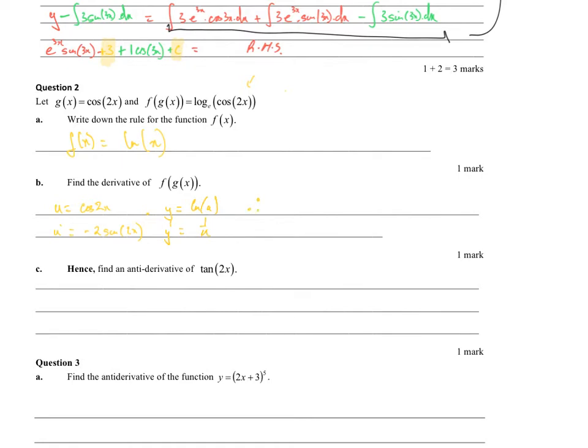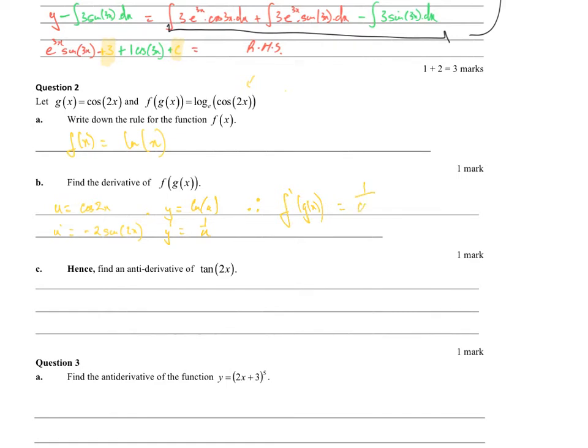Therefore, f dashed of g of x, not even sure if that's the full name, is given by 1 on u, what was u?